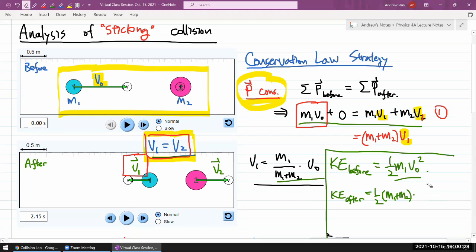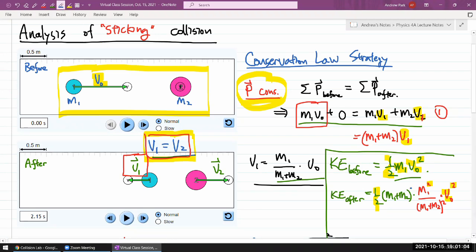Then what I have is M1 squared over (M1 plus M2) squared times V0 squared. And there's a lot of common terms here: 1/2, one factor of M1, and V0 squared. All those are common, so we can look at the things that are different between the two lines to see how the kinetic energy changed.